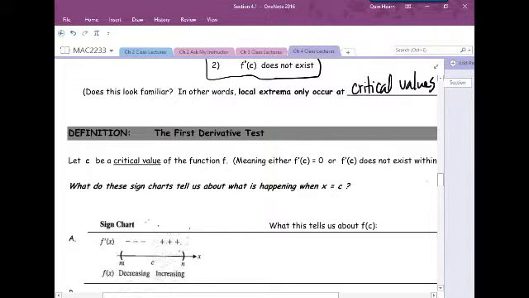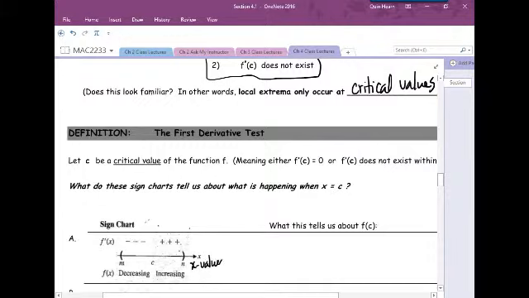Before we actually analyze a function from scratch, we need to get used to the idea of using something called sign charts. You may have used sign charts to solve inequalities, quadratic and rational inequalities in college algebra. And we're going to use them again here, so we need to get used to them.